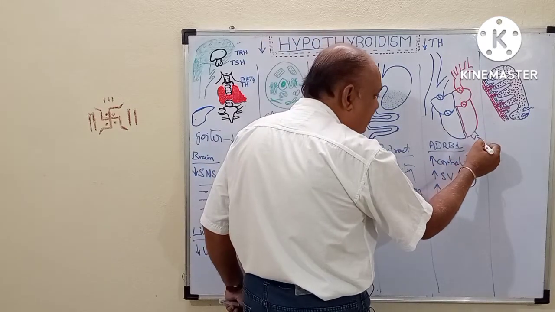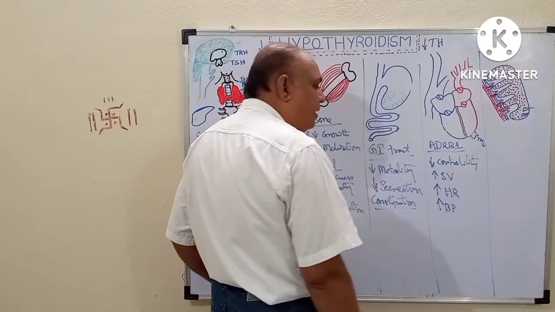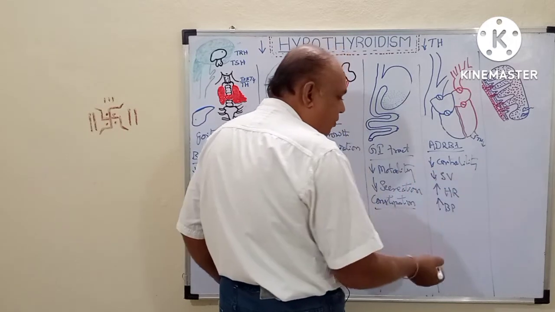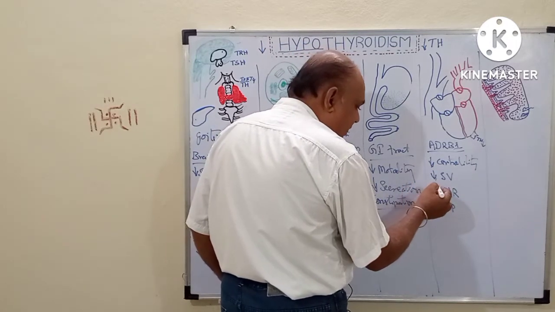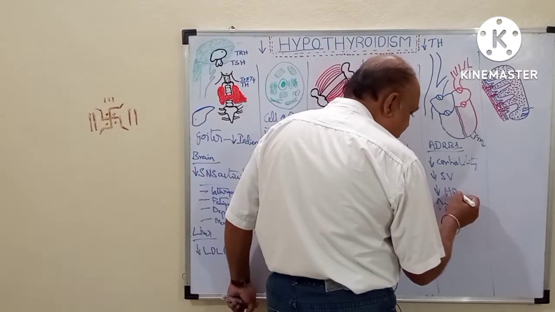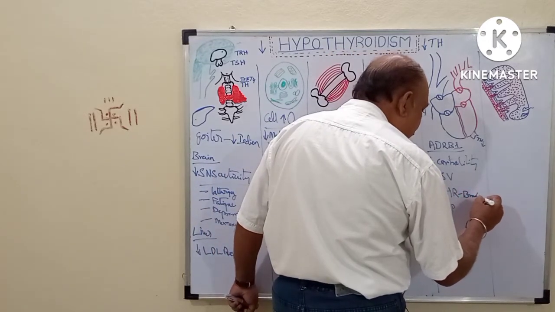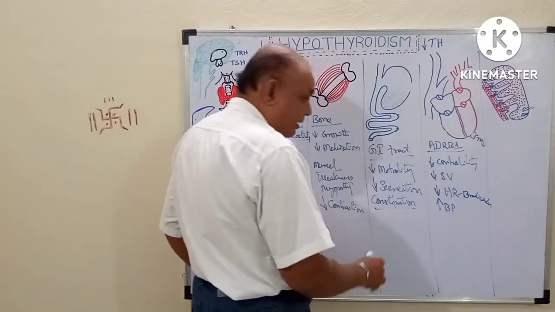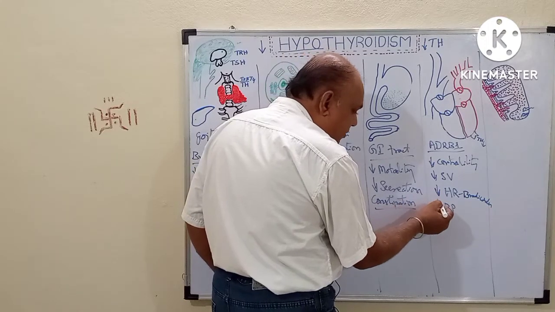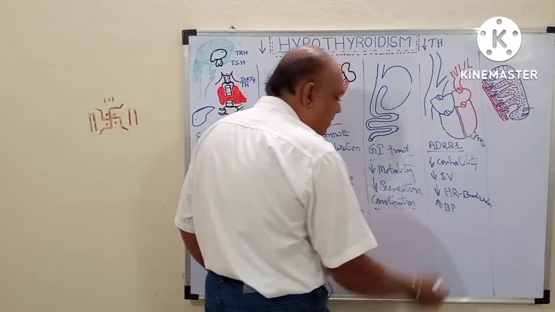When the thyroid hormone levels are low, then there will be a mild decrease in the contractility, which affects the stroke volume. Then the heart rate will be decreased. When the heart rate is decreased, what we call a low heart rate, is bradycardia. And as these all are low, the blood pressure should also be low, but normally the blood pressure will increase.